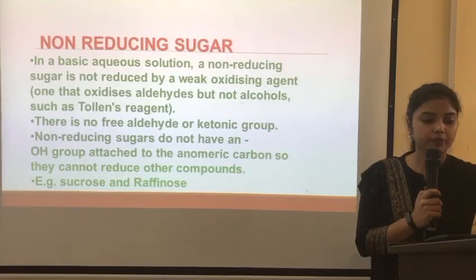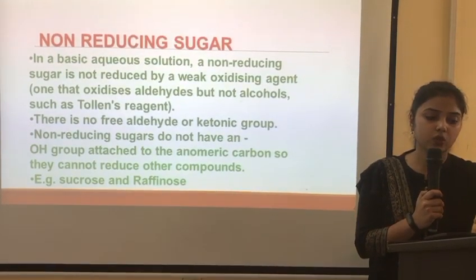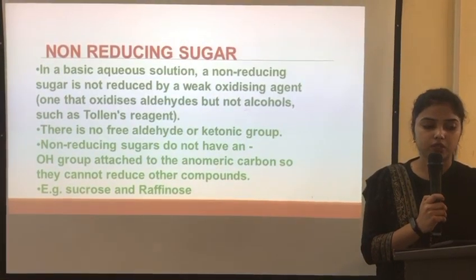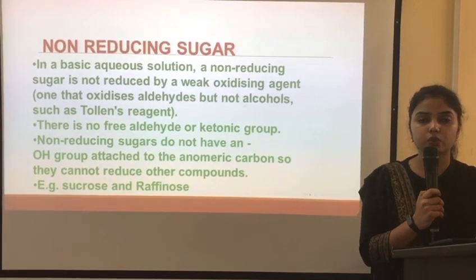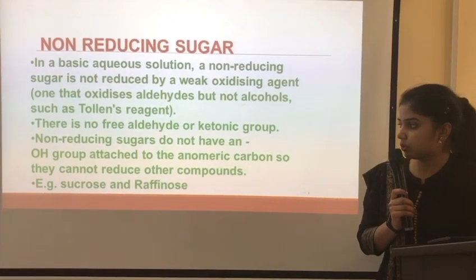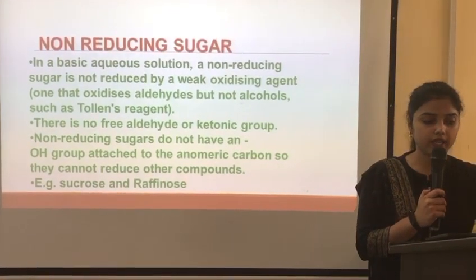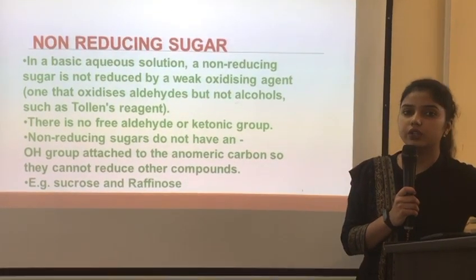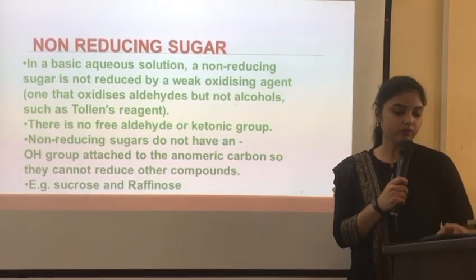Next property is they don't have an OH group attached to aromatic carbon, so they can't produce other compounds. Examples of non-reducing sugar are sucrose and raffinose. This is all about non-reducing sugar.